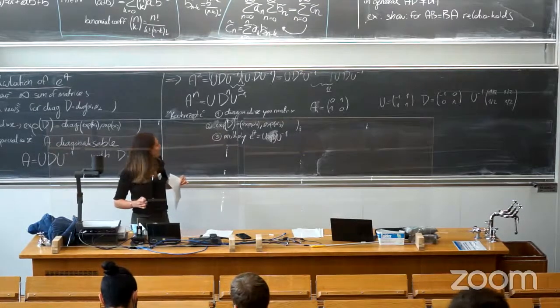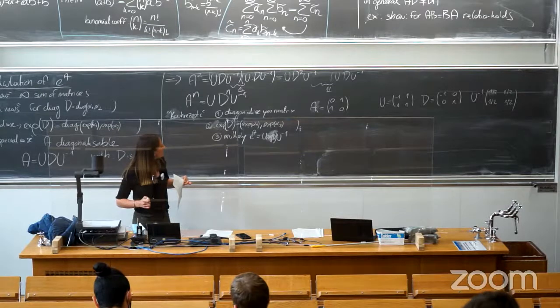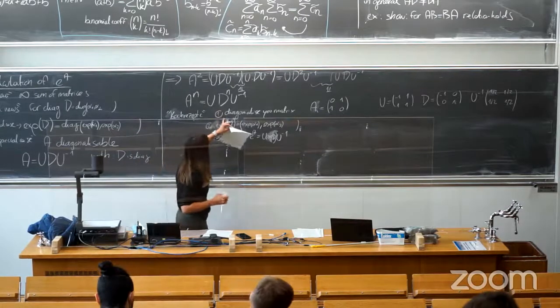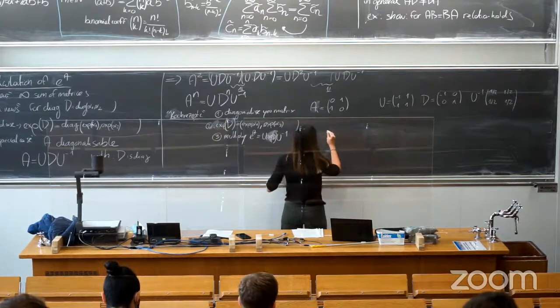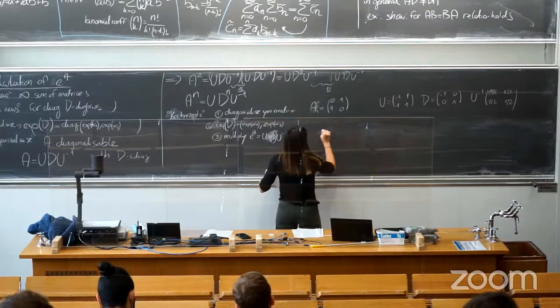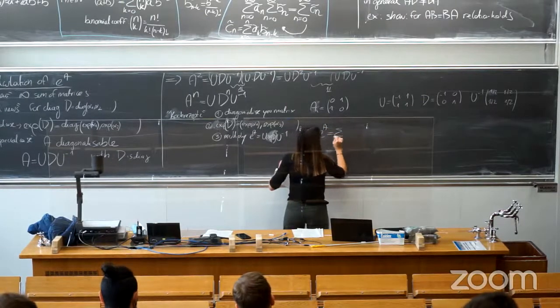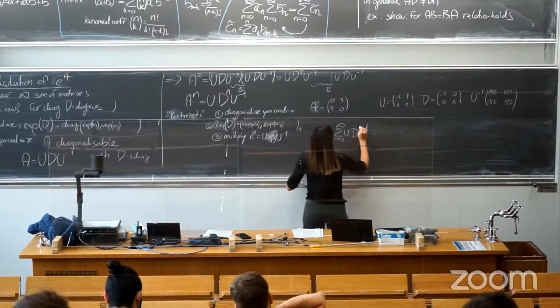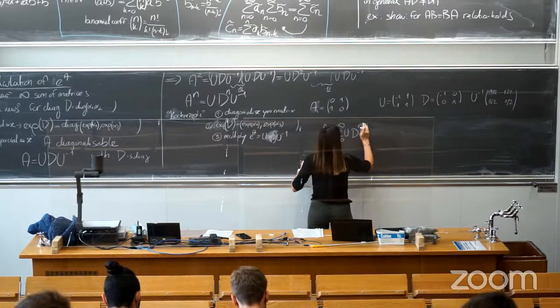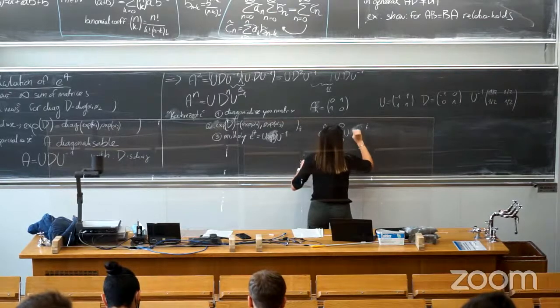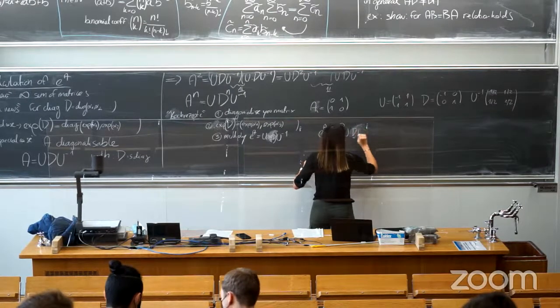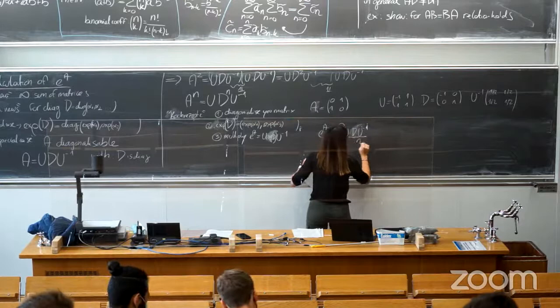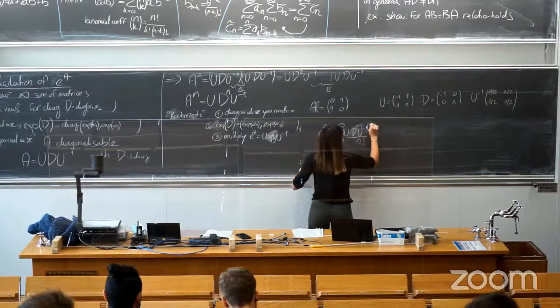Then e to the A will be a sum from n equals 0 to infinity of U times D to the n, let's write it like this, U minus 1 over n factorial.